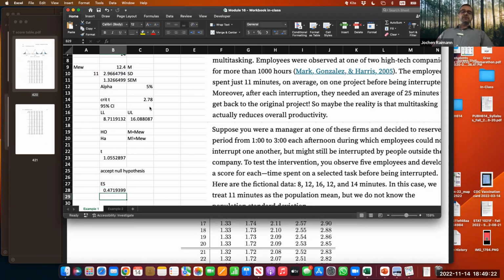That gives us an effect size of 0.47, which interestingly still is a medium effect size, but the small sample size and the large variability still result in a non-significant result.